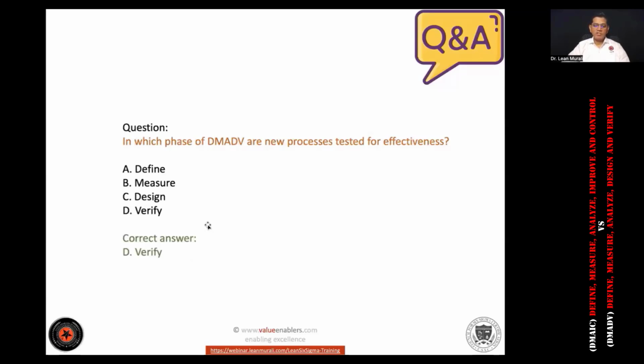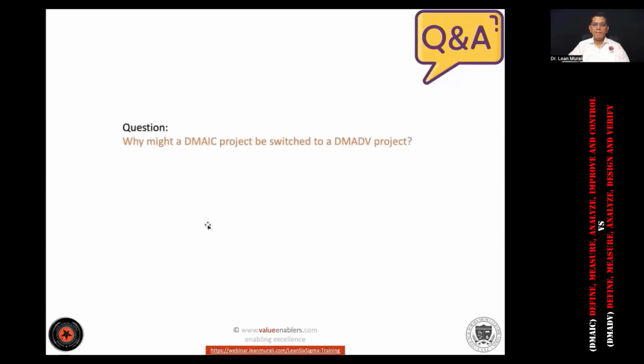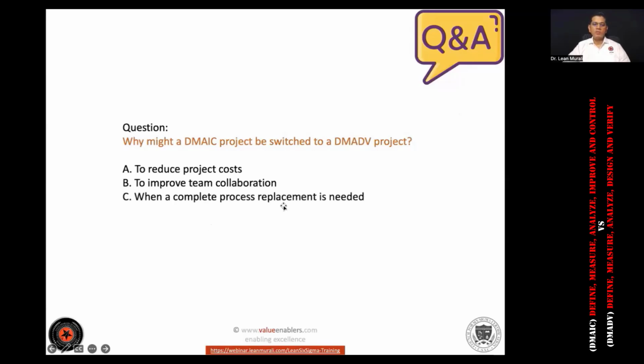The last question in this module is this. Why might a DMAIC project be switched to a DMADV project? To reduce project cost, to improve team collaboration, when a complete process replacement is needed, or to shorten project timelines.